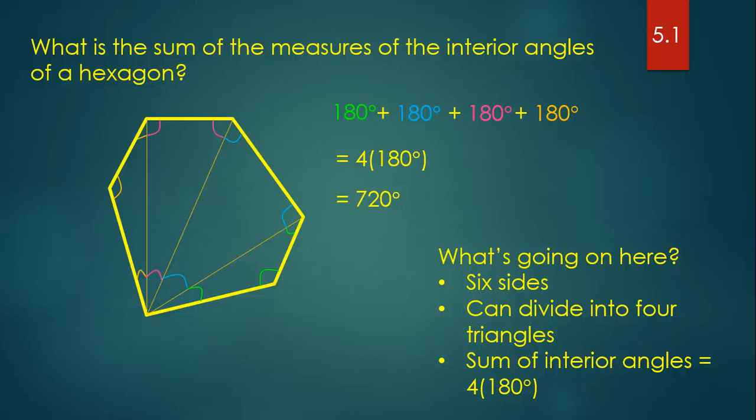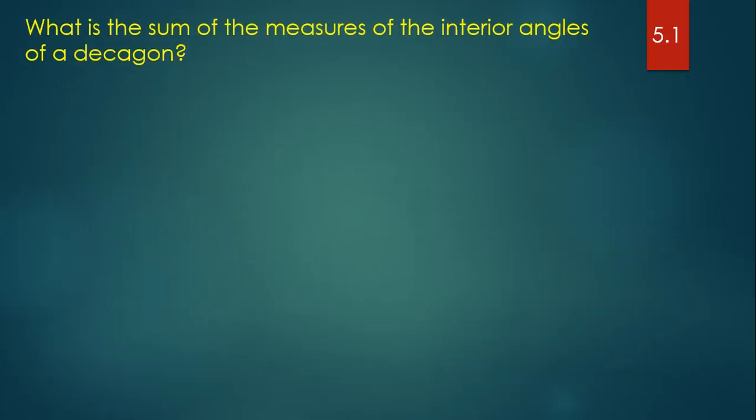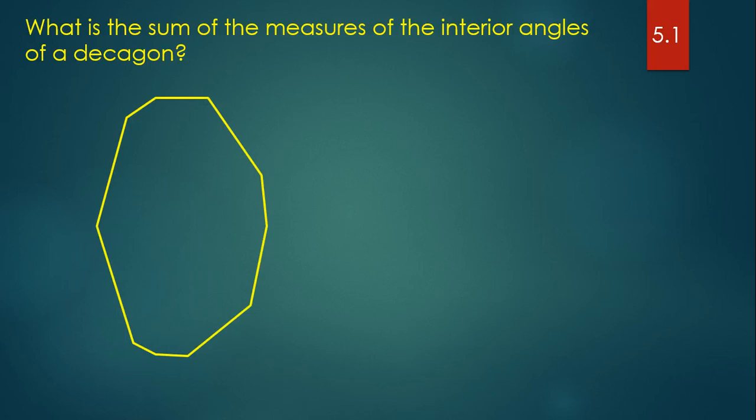Now let's see if we can use that same idea to find the sum of the measures of the interior angles of a decagon. We know that a decagon has 10 sides. So think about how many triangles we could draw if we pick a vertex out and start drawing diagonals from that vertex.